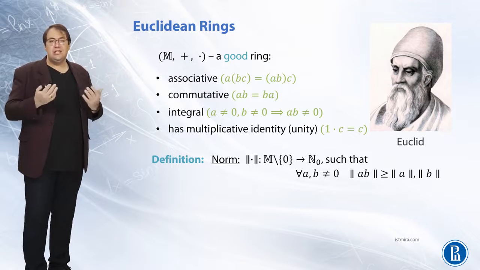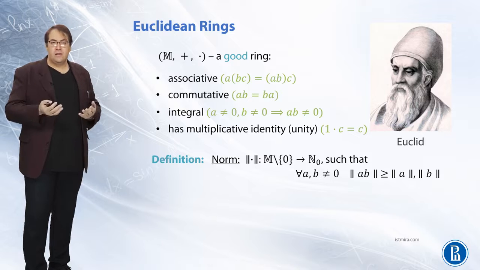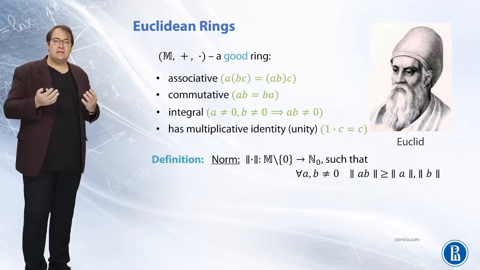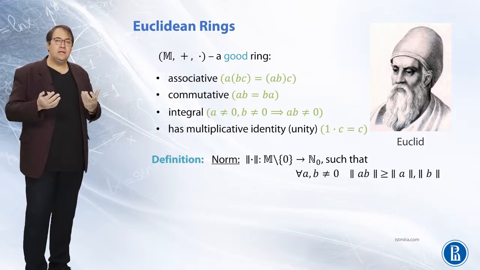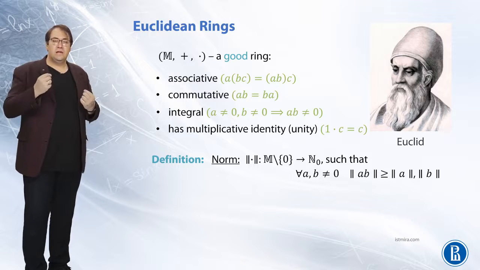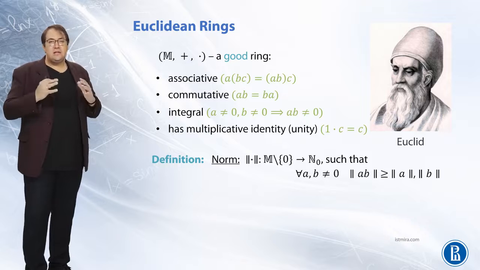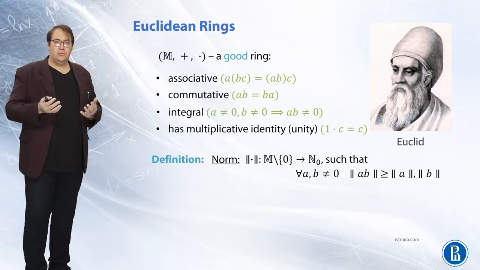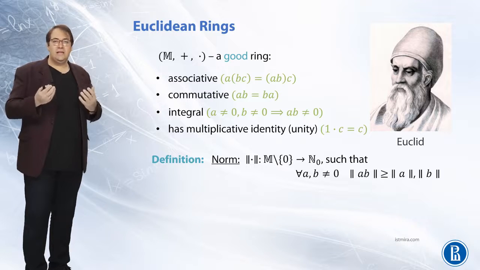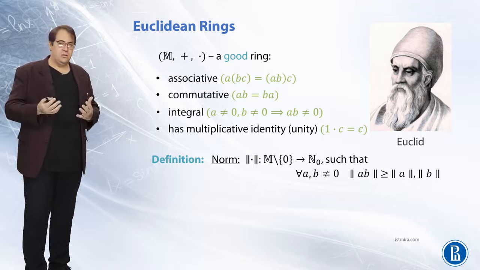And actually the only condition on this function we need to hold is that the norm of a product is not less than the norm of each of the factors. Well, it is not a usual norm, but it is what we need to define a Euclidean ring.